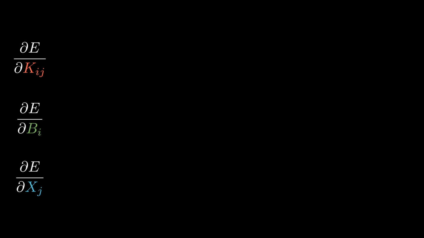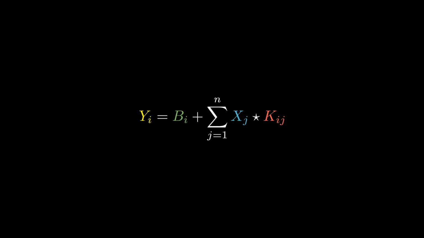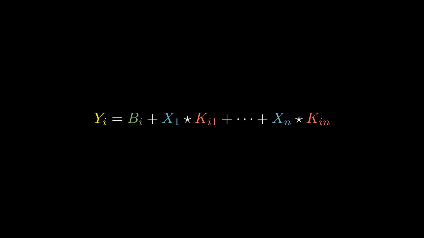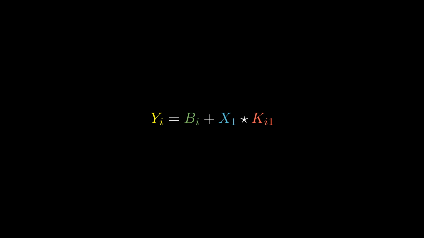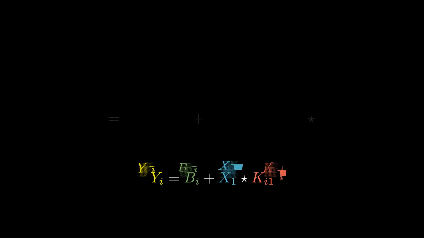So, we will start with the derivative of E with respect to K. This is the equation of the forward propagation. If we expand the sum, we get this. Now, dealing with all these terms can be quite daunting. Therefore, I'd like to crop that equation just for a moment and work out the calculations on a simplified version.